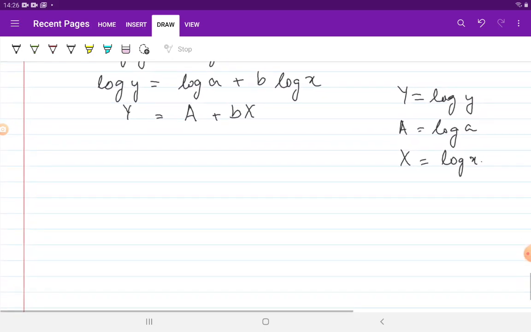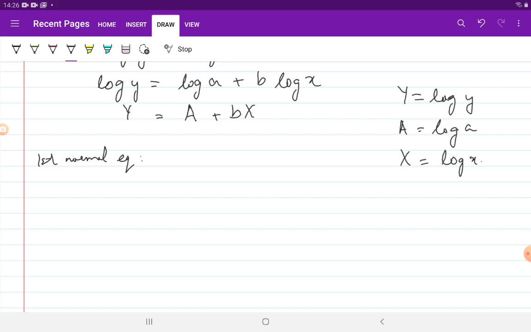Now again, let's figure out what the normal equations for this would be. So the first normal equation will be by putting the summation operator to both sides of the equation. So that's summation Y is equal to n times A, because A is a constant, so n times A, plus summation BX. So B being a constant can be taken outside the summation sign. So this is what would be your first normal equation.